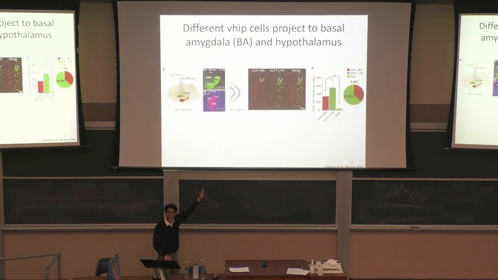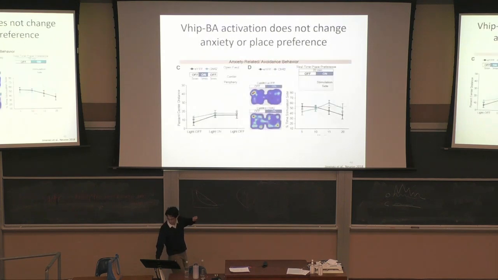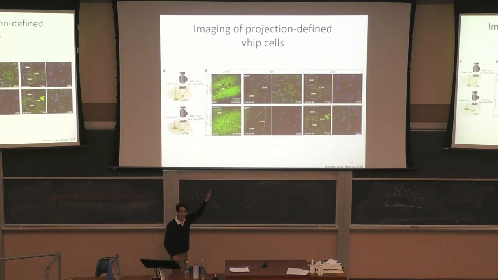This result showed that there are very few cells that project both to hypothalamus and amygdala. They seem to be different populations. And this is another different way that confirms that. Because if the same cells projected to both places, then labeling one of the populations would result in axon terminals in both of the places.